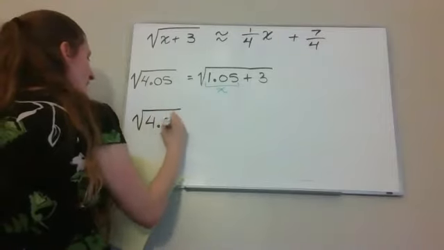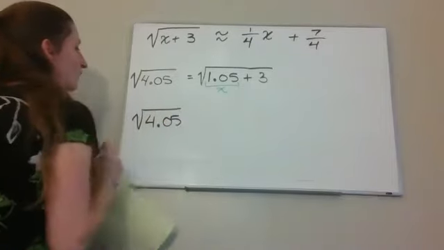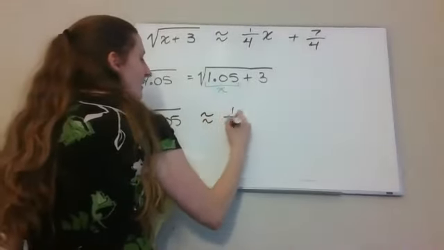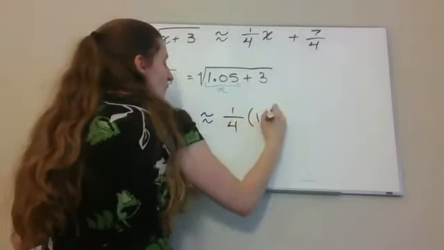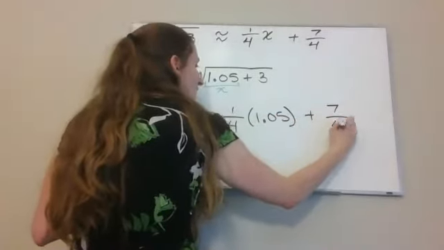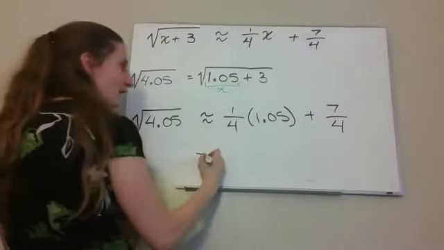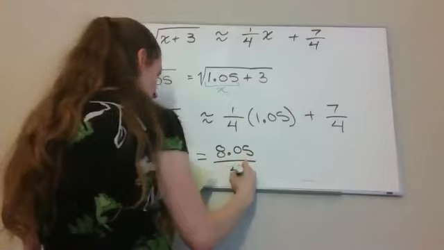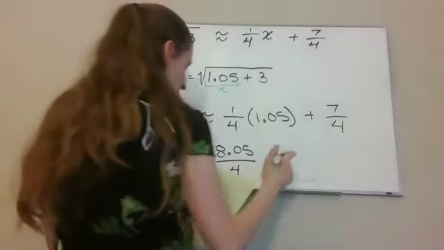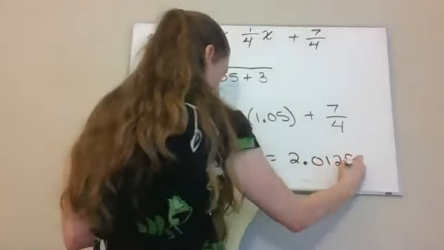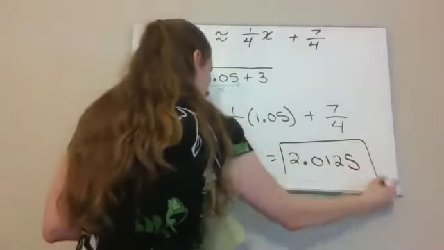So, using my approximation, I know the square root of 4.05 is approximately 1/4 times 1.05 plus 7/4. And that is equal to 8.05 over 4, which is 2.0125. That's my approximation.